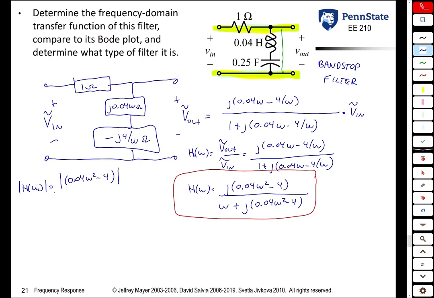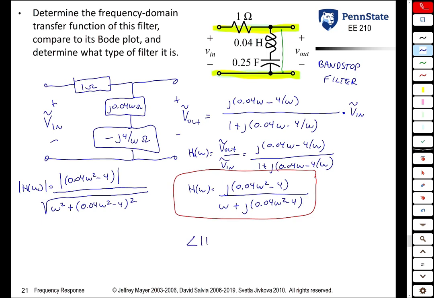So we use the absolute value because we're interested in the magnitude. And once again, the magnitude of the denominator is a square root of the real part squared plus the imaginary part squared.